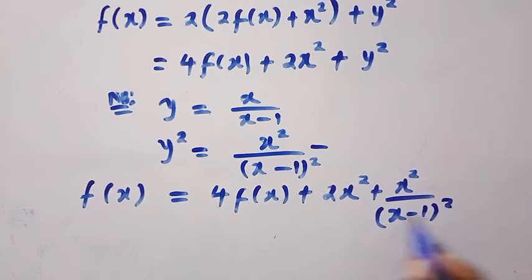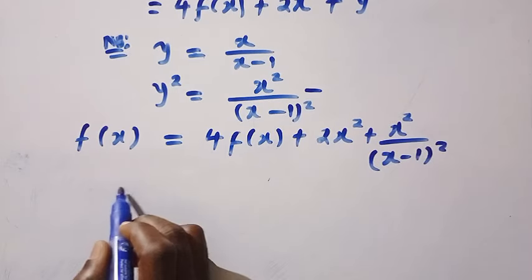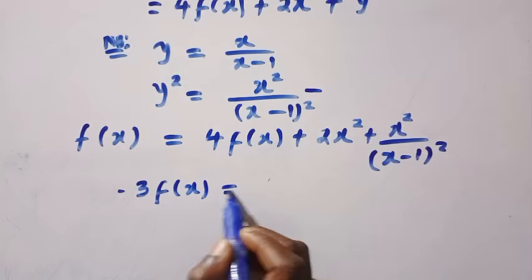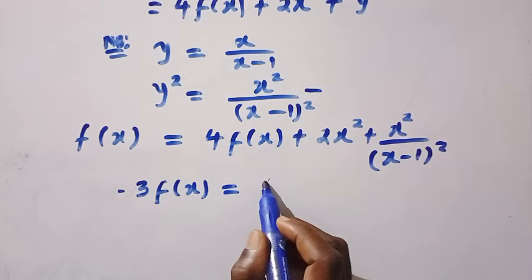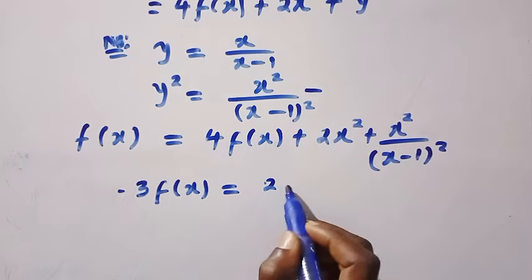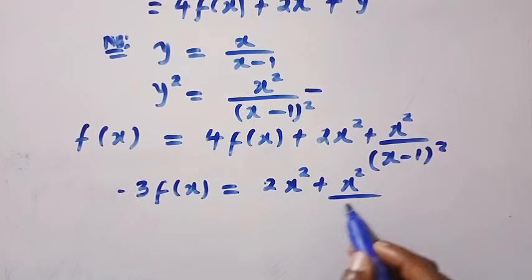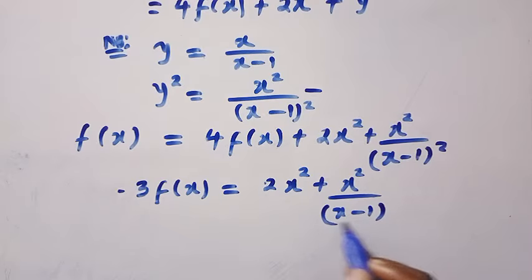Then by subtracting, we have minus 3 f of x equals 2x squared plus x squared over x minus 1 all squared.